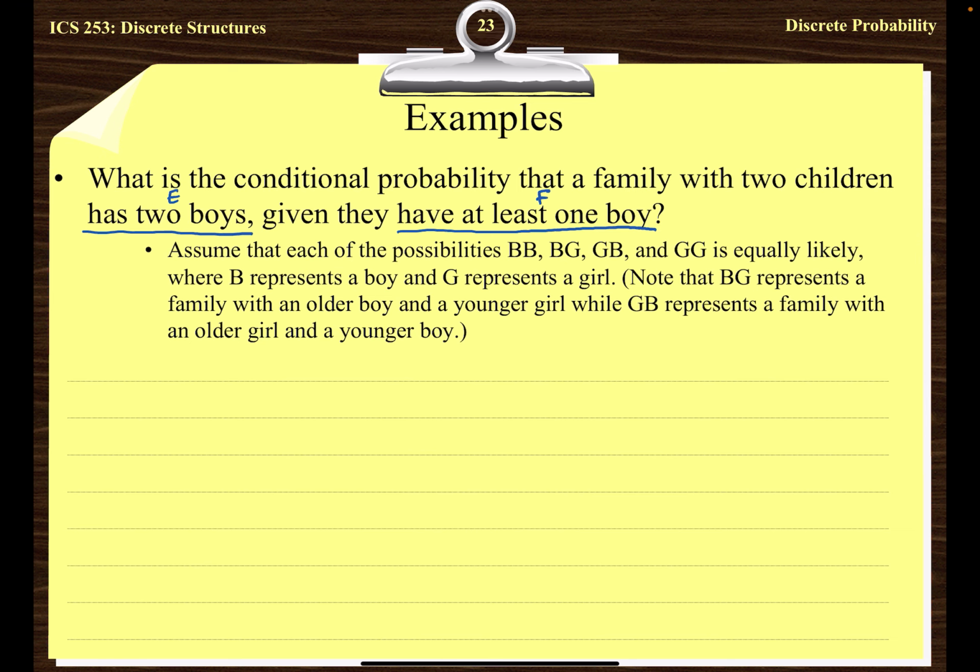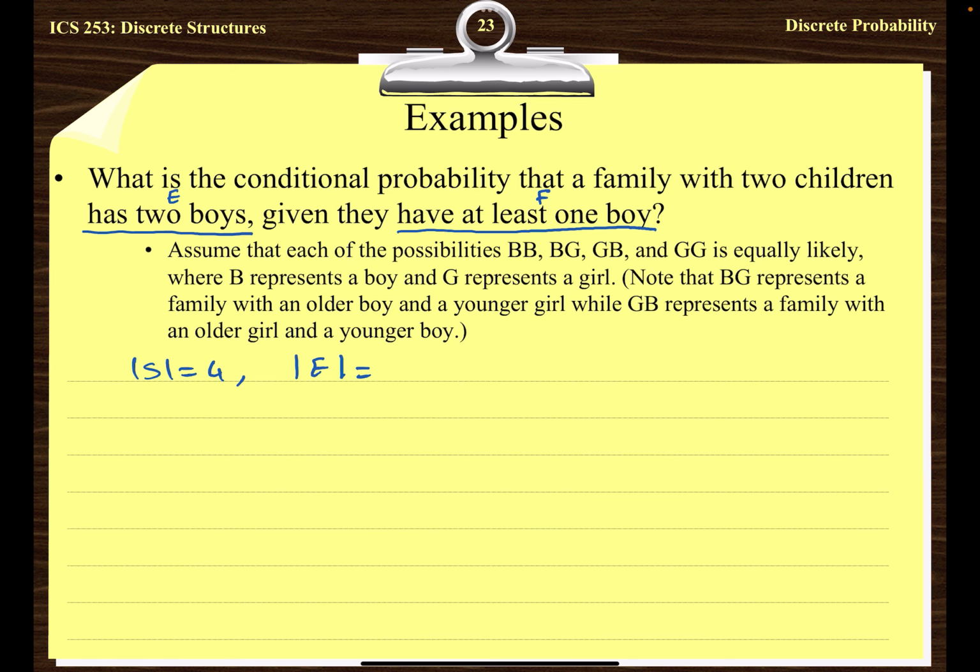So my sample space, what's the size of my sample space in this case? 4, right? I have 4, the size of my sample space. Okay. So let's write that down. So the sample space is 4. Okay. What is the size of the event E?